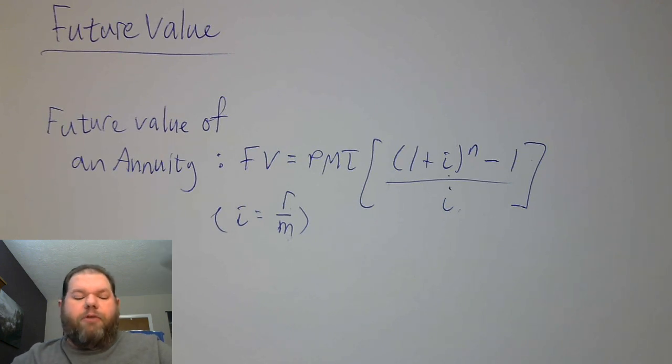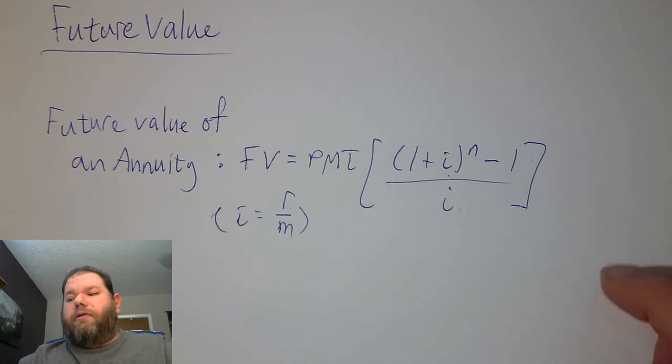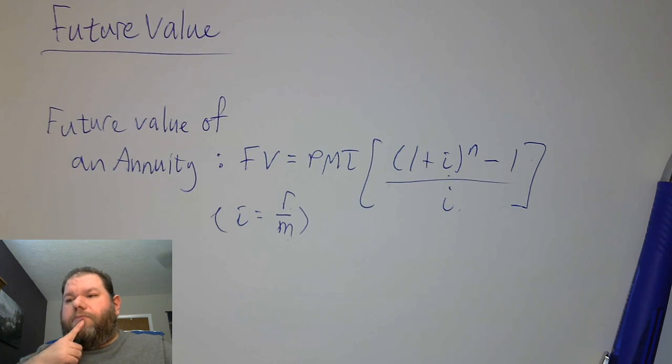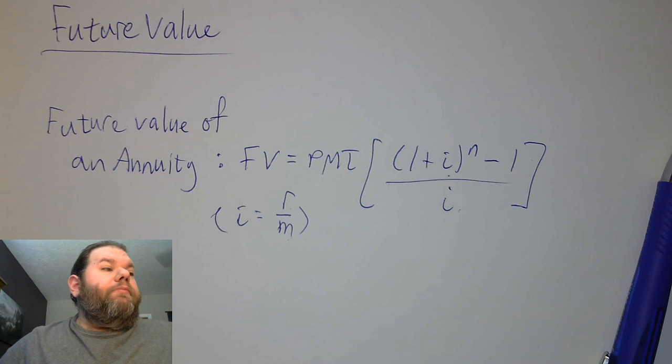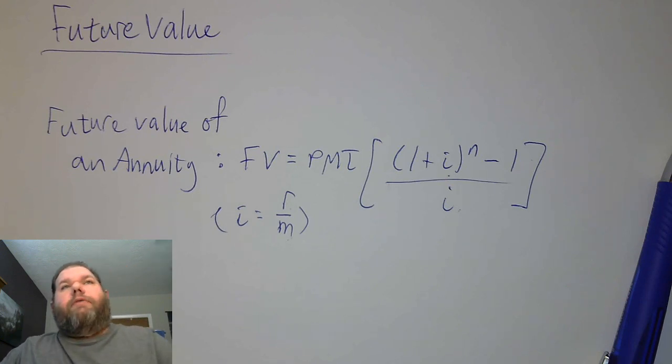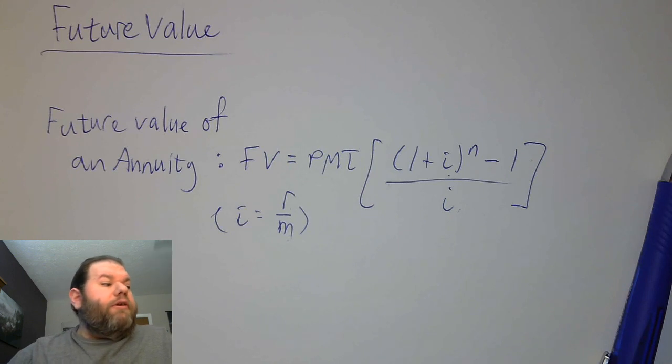So it's part of its context as far as whether we're saving money or borrowing money, whether we're paying something off. That's a present value problem. Paying off a loan. If we have a sinking fund, or we're saving money for the future, or investing money, that tends to be a future value problem.